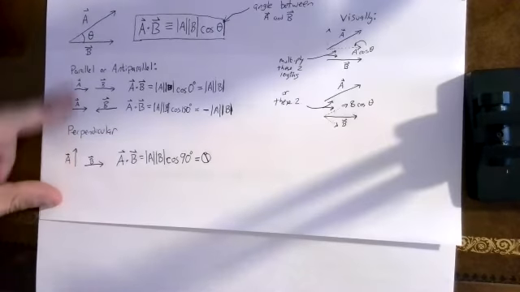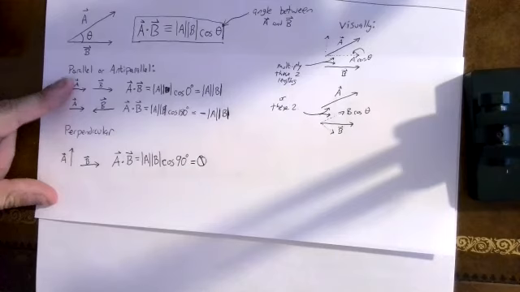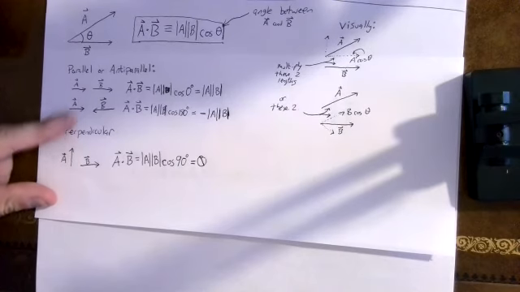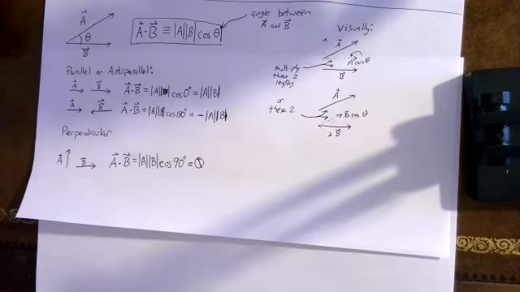So if I go back to what we just did a moment ago, what is it going to be if I take i hat dot j hat? Cosine of 90 degrees, which is 0, right?